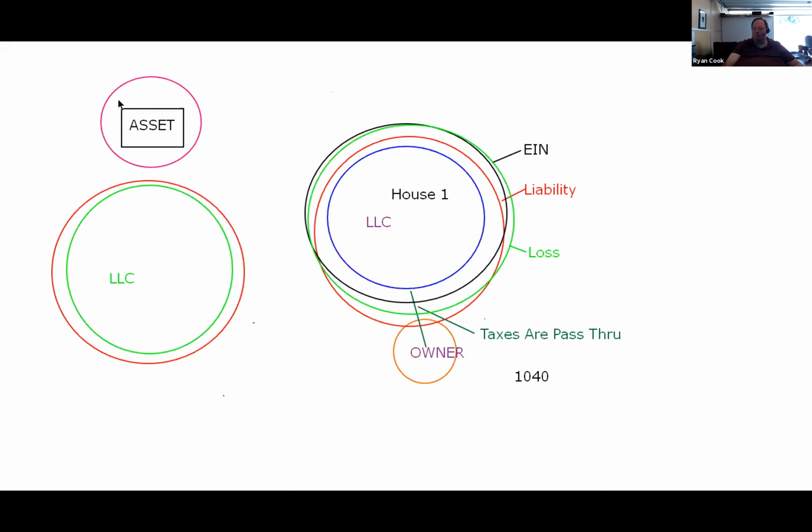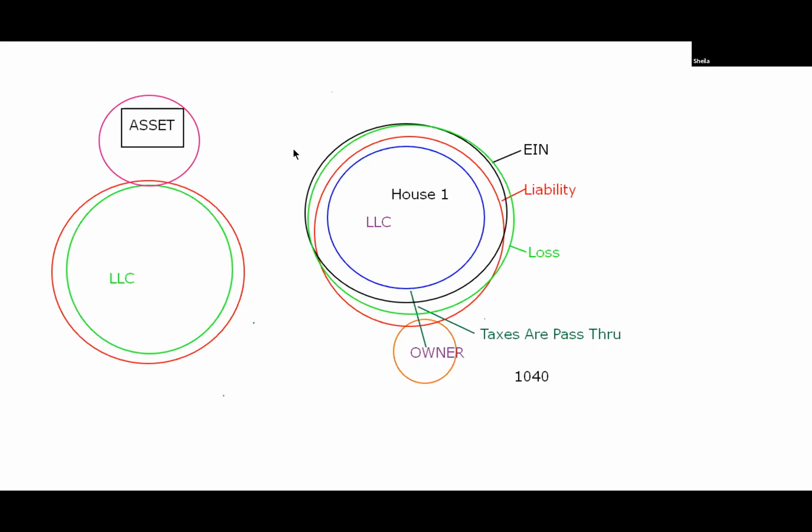It's its own bubble. And there's just that little bit of crossover from the asset here for the liability. Does that clear up the picture as to why you would want to put it into its own LLC? Because of that circle. That's the liability for it. And the asset has its own liability. You want it to hold its own.